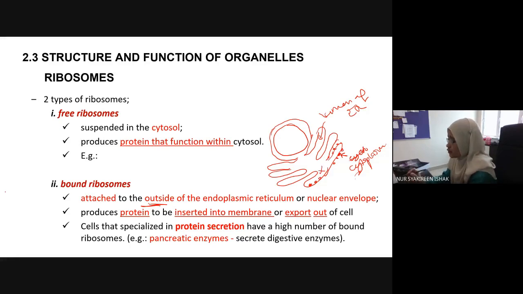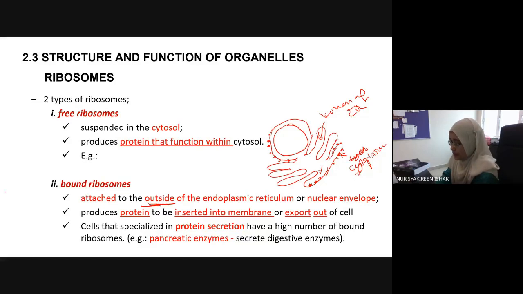So the ribosome has to face the cytoplasm, facing outside, not inside the lumen. So it can be found here also, but still in the cytoplasmic region.